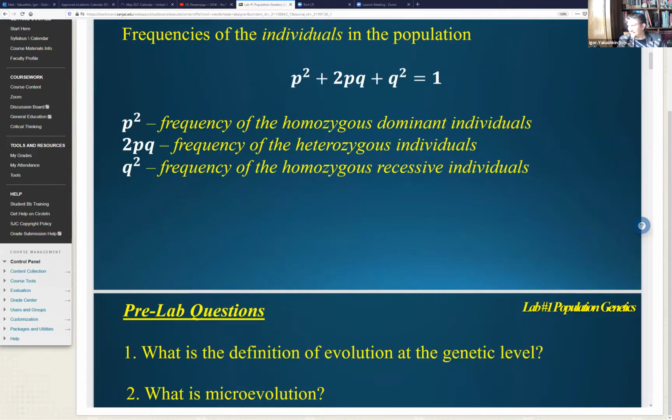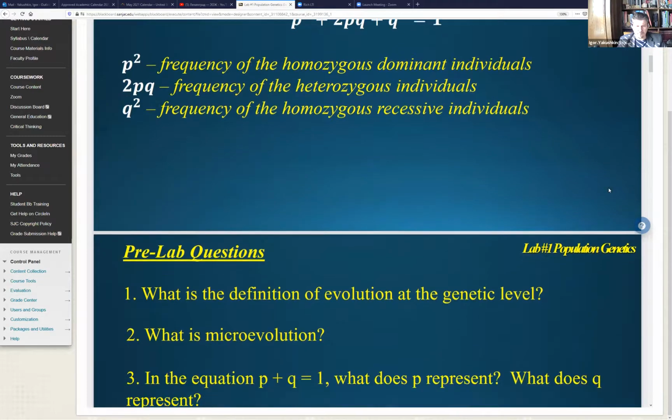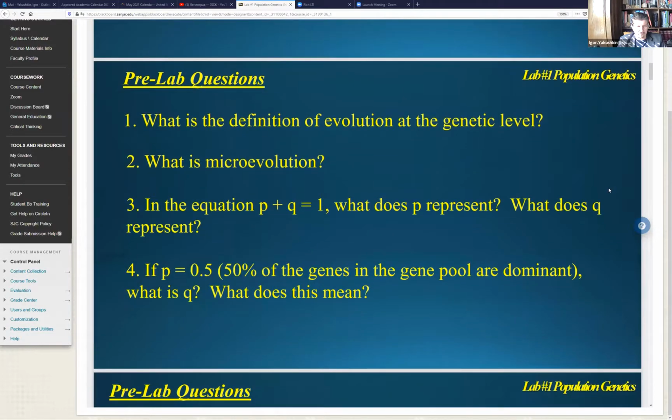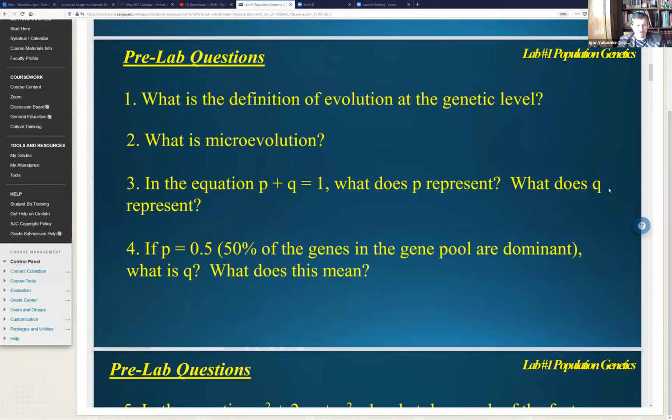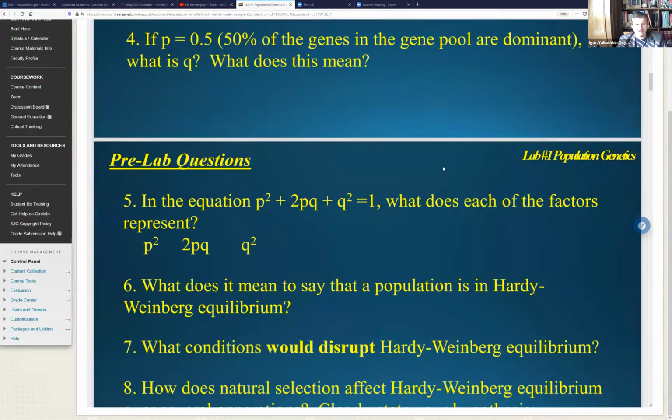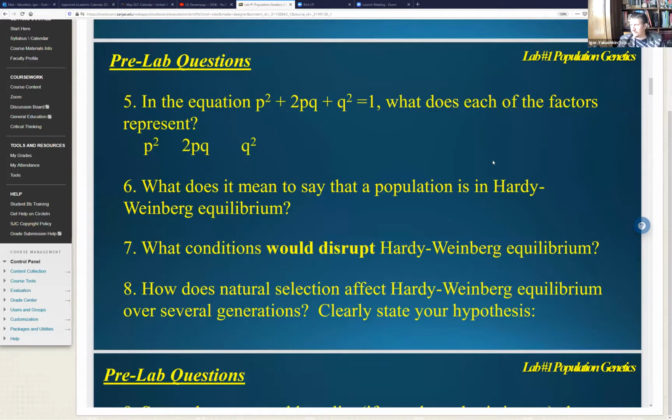What does it mean to say that a population is in Hardy-Weinberg equilibrium? Here we go, the pre-lab question. Equilibrium means nothing changes. The frequencies do not change.